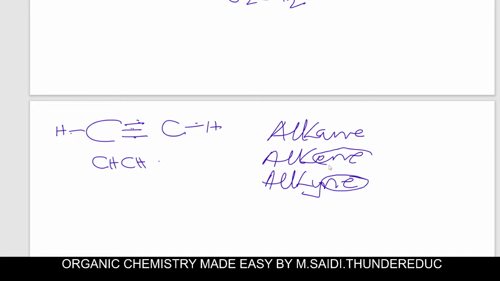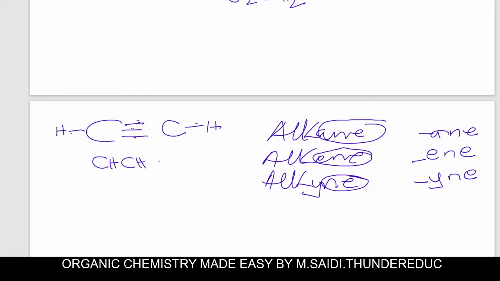Whenever I write, my name for this homologous series must end with A-N-E for alkane, E-N-E for alkene, Y-N-E for alkyne. That's how we identify them. It must end with that. If it doesn't end with that, then it means that I won't be able to see what exactly it is.